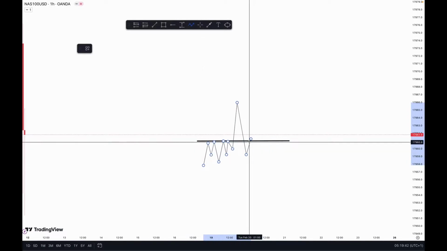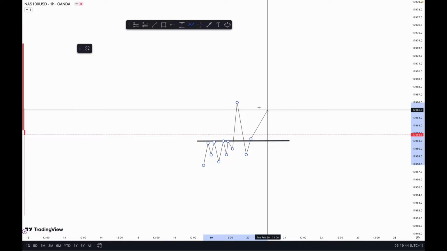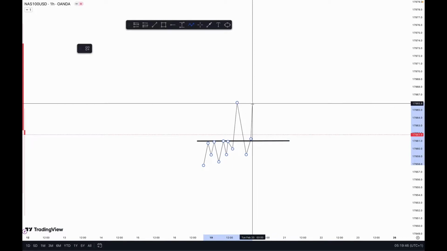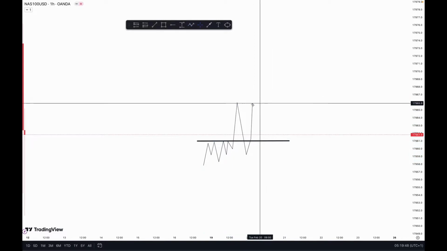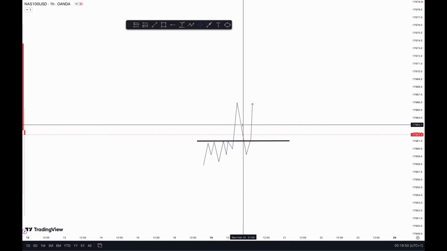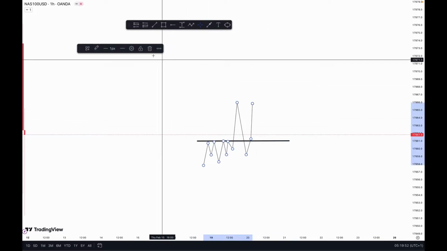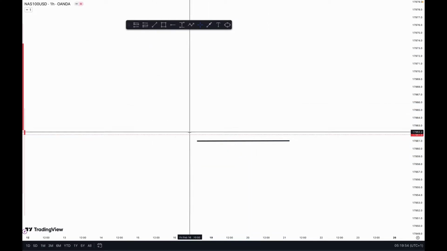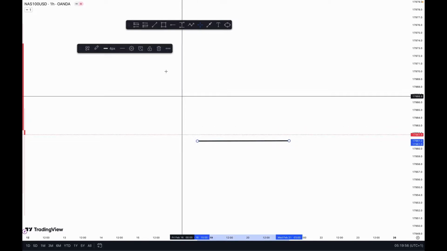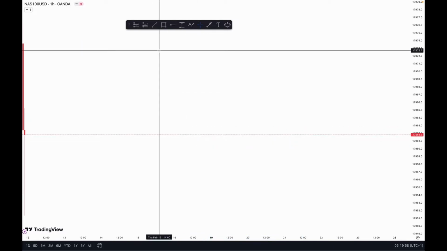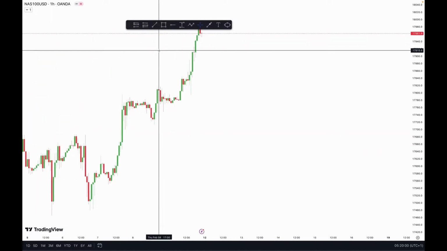Now that I've seen that price is above here, I am expecting price to get to these highs, so I'll be targeting these highs. This is basically how I trade the market, and this is the strategy that I use. That's why it's called ICC: indication, correction, and then continuation.